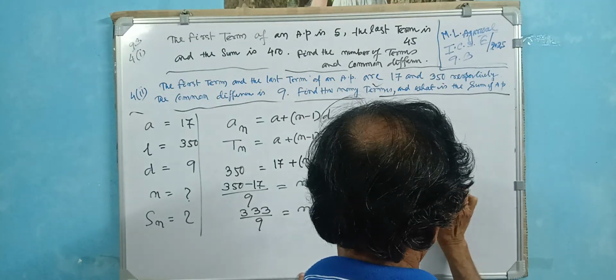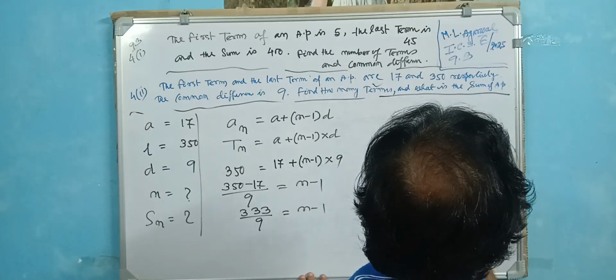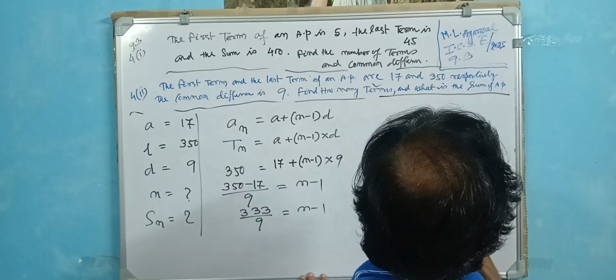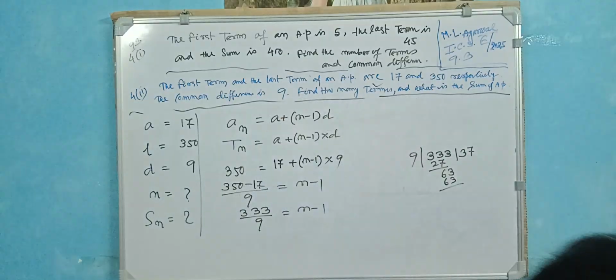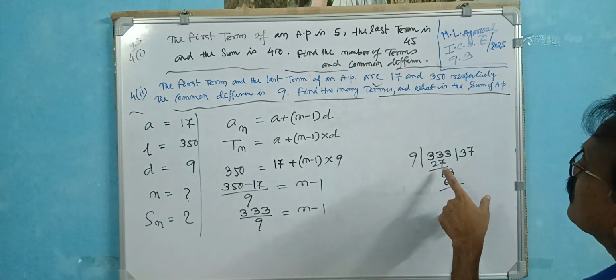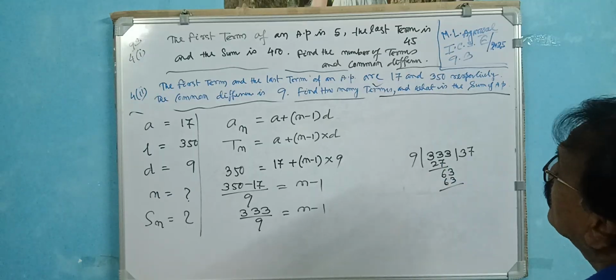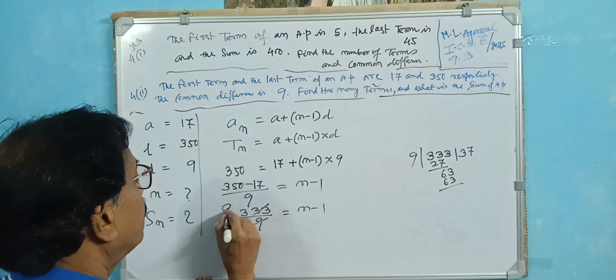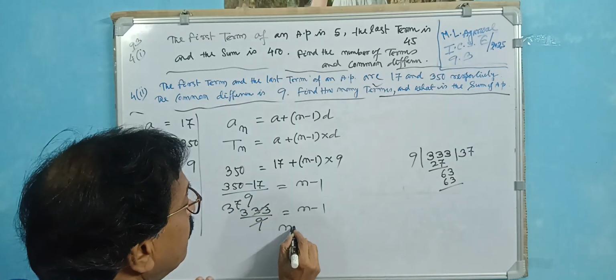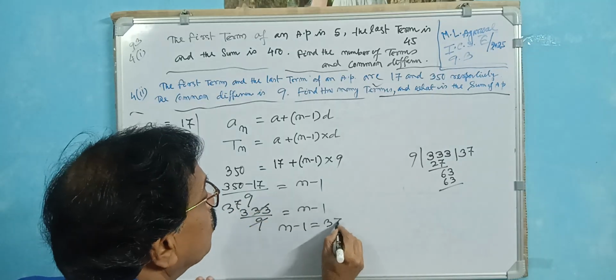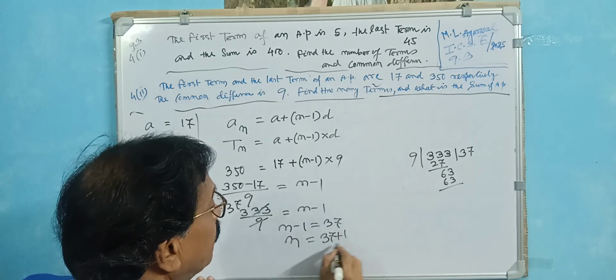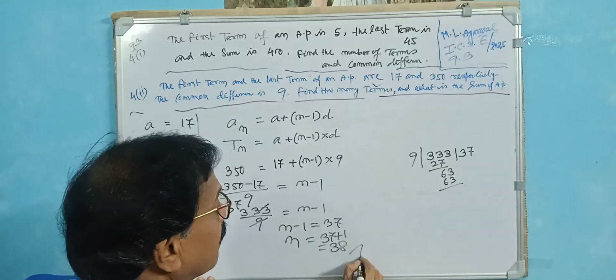This is 37. So n minus 1 is 37. So what is the value of n? n is equal to 37 plus 1. So this is 38. Is that clear?